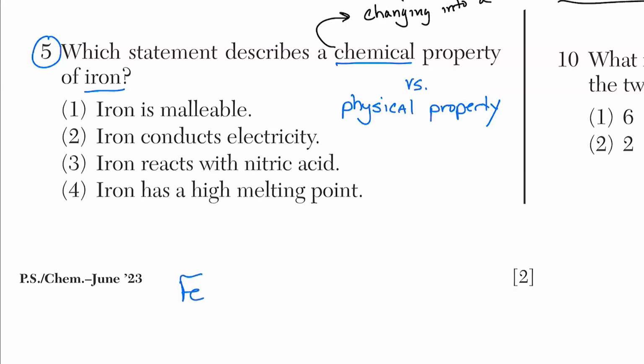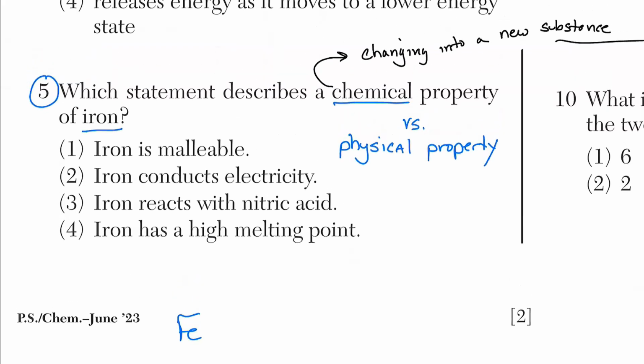Now I say new substance, but a chemical reaction is going to have a new chemical formula. So in a chemical change, we're going to break bonds and reform them, and we're going to make products that have a different chemical formula than the reactants.